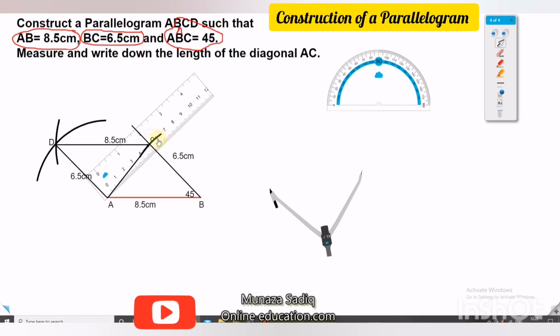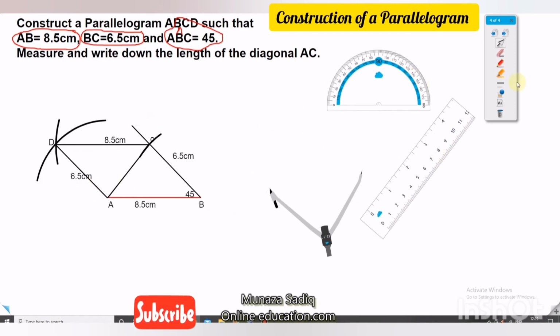Adjust your scale. The measurement of AC is 6 centimeters. Label this. This measurement is 6 centimeters.